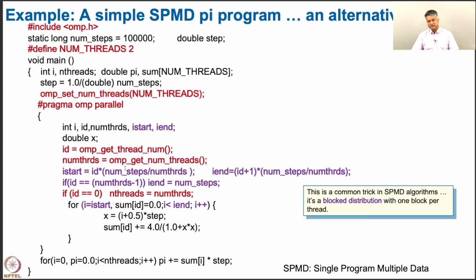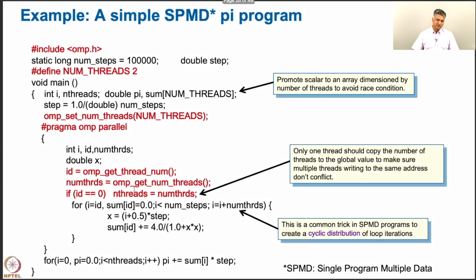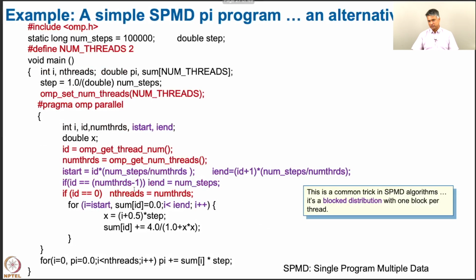If there are more threads, you can take this entire region between 0 and 1 and chop it up into bigger blocks and assign each thread one of these blocks. That is the program flow for this sort of thing. This is called blocked distribution. So you could do cyclic distribution or you could do block distribution. From a computational perspective, it doesn't make too much of a difference at this point of time. The answer that you get should be the same.